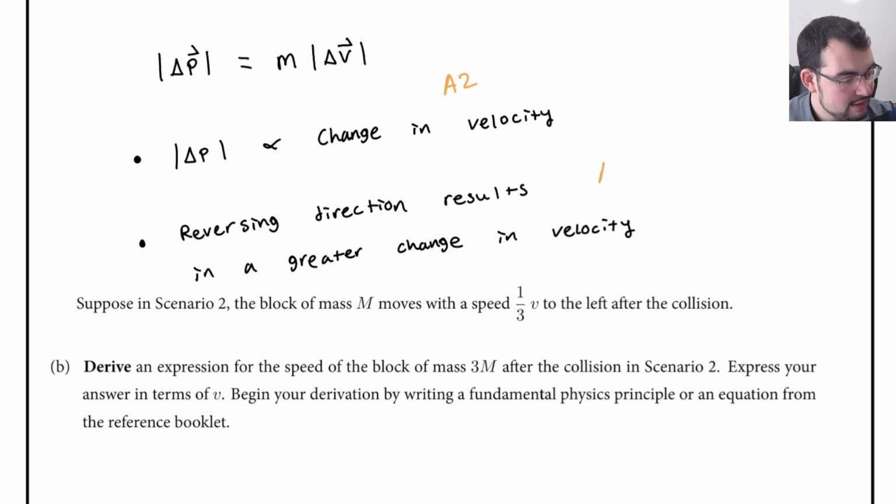And you get point A3 for somehow explaining that the bounce encapsulates the slowdown case, or the fact that velocity is a vector and there's some sort of negative sign there. There's lots of ways to get this third point. If your explanation is convincing enough, if it's in the spirit of this, like we said last time with the TBR, like if it's in the spirit of this bullet point, you get A3.